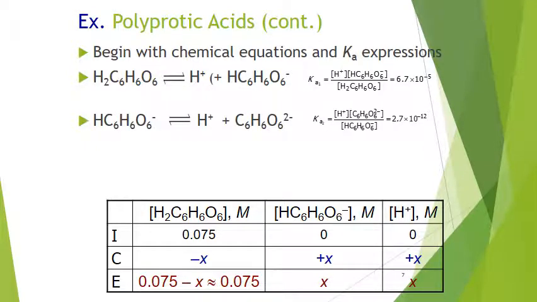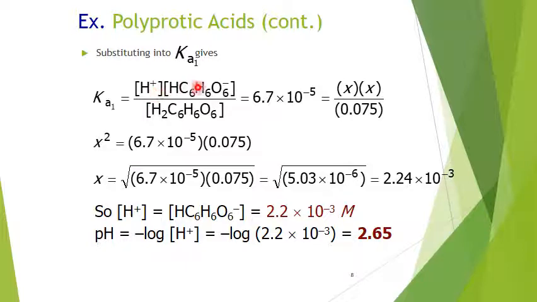Then we plug those numbers into the equation: H plus times the conjugate base over the acid equals Ka1. Substituting in the numbers, the amount of H plus and the amount of conjugate base are both equal to 2.2 times 10 to the minus 3rd molar. So the pH is going to be the negative log of 2.2 times 10 to the minus 3rd.